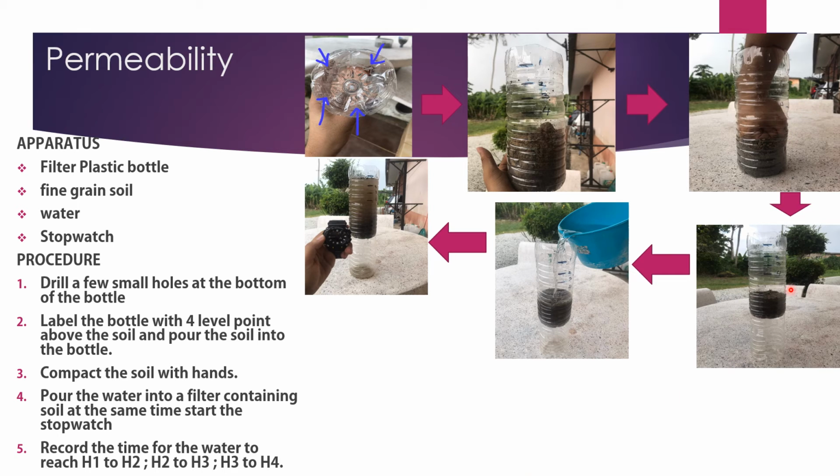Then after that, we pour the water into the filter containing soil, and at the same time start the stopwatch. And after that, we record the time for the water to reach H1 to H2, H2 to H3, H3 to H4.